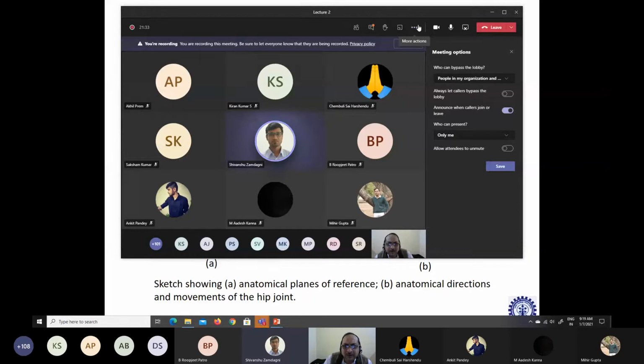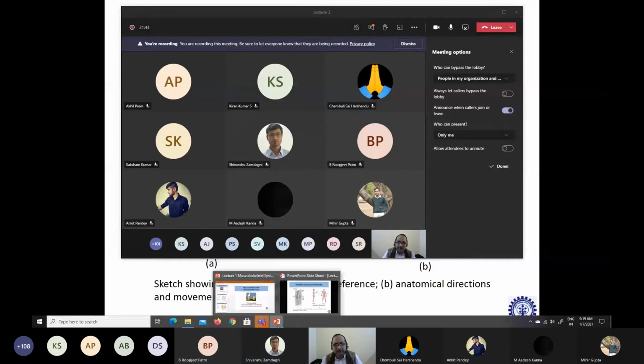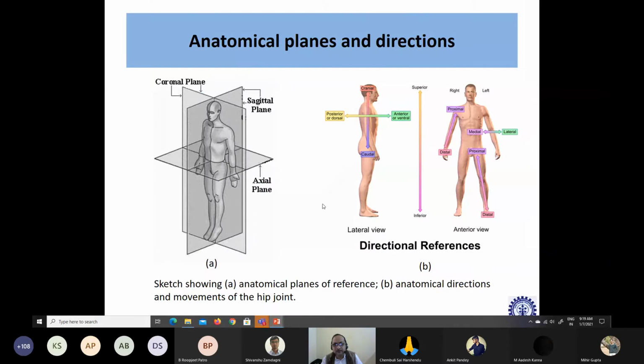Sir, you simply right click on the screen and then choose the highlighter. Okay, I'll do that. Pointer option. Oh, here is a laser pointer. Okay, that's nice.